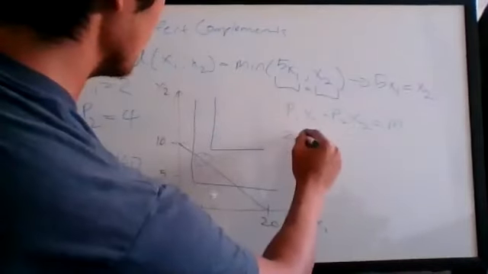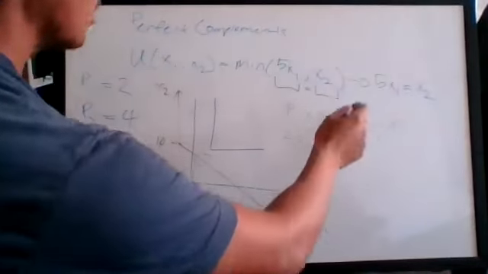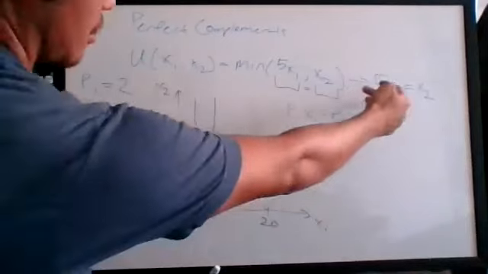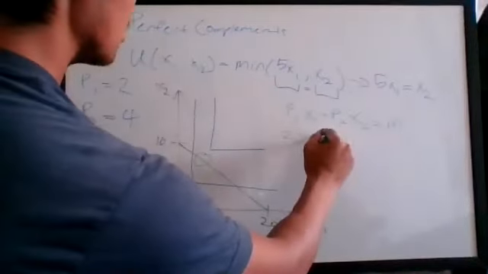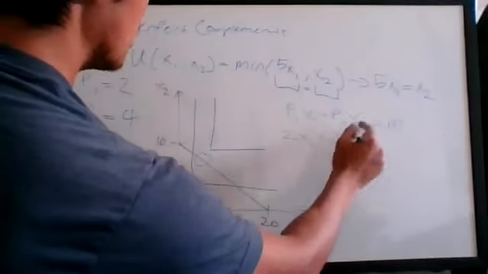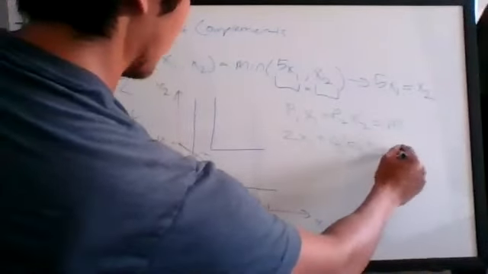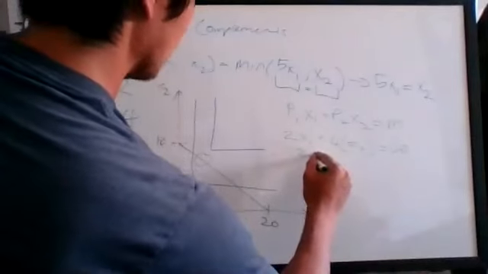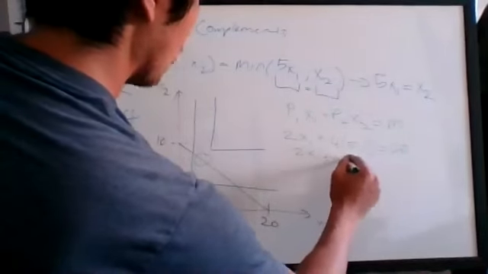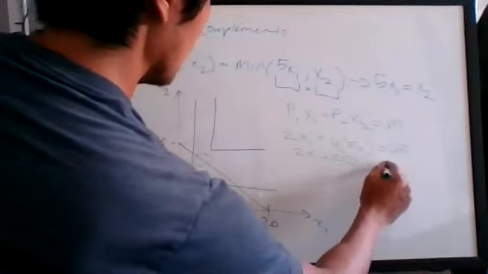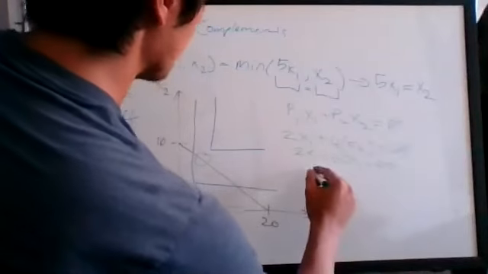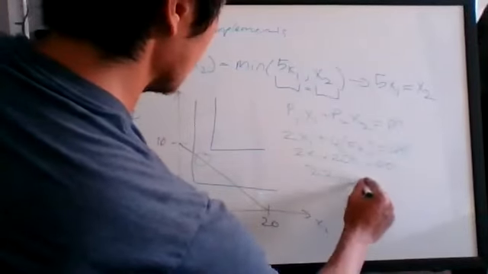So 2x1, I'm going to leave it in terms of x1 because that's how we have it here, plus 4x2, where x2 is equal to 5x1, is equal to 40. And so we get 2x1 plus 20x1 is equal to 40, which means that we have 22x1 is equal to 40.